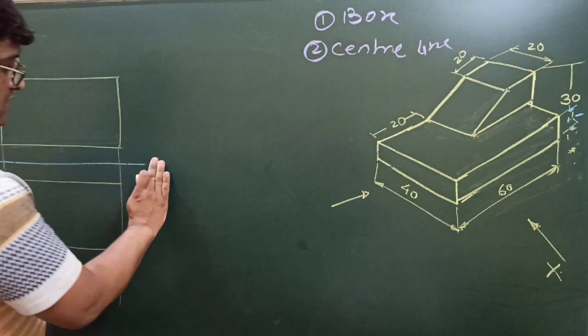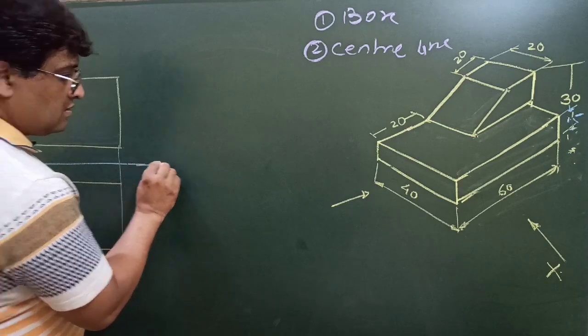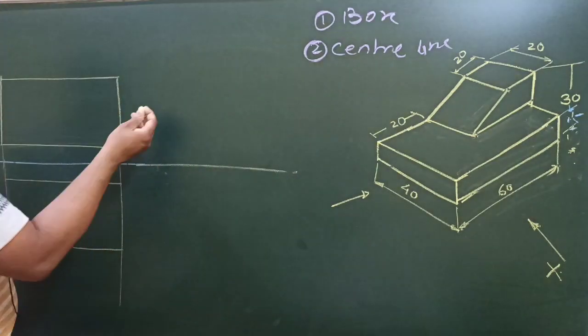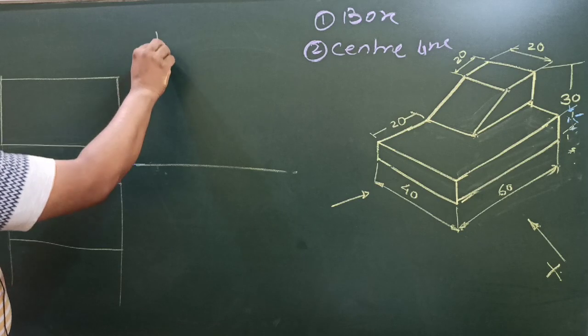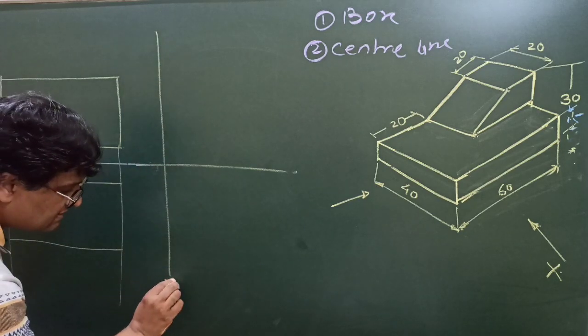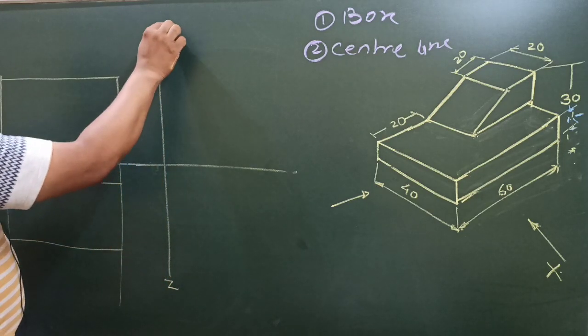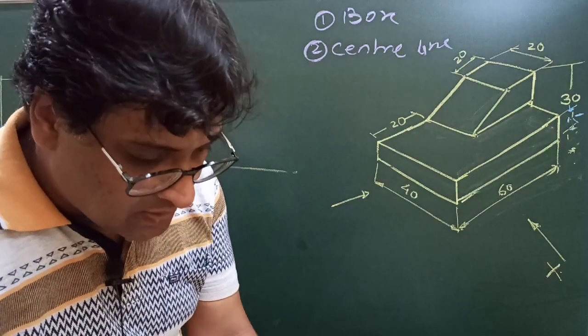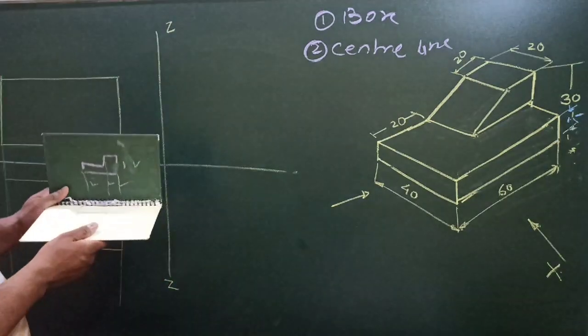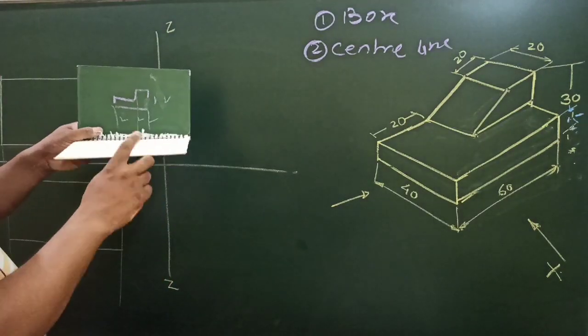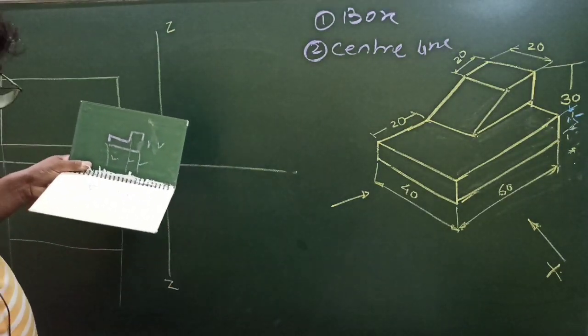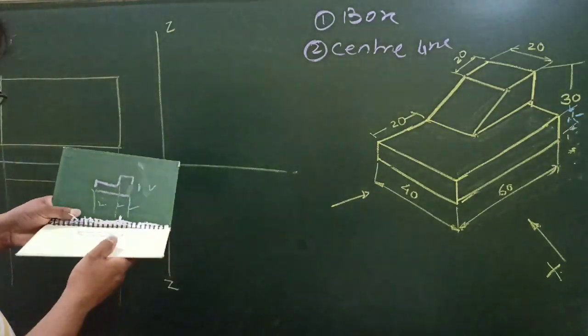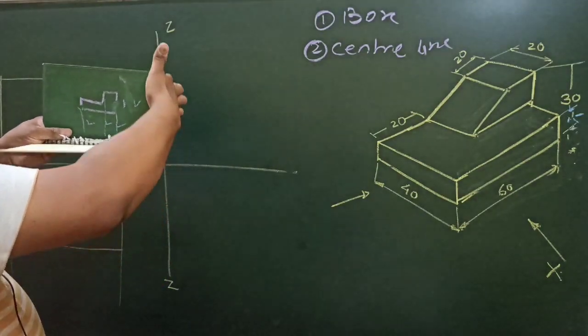As far as side view is concerned, what happens? You have to consider another vertical line, say ZZ, which is representing the line of intersection of the profile plane with the vertical plane and horizontal plane. So this is horizontal plane, this is vertical plane, and the profile plane is somewhere around here, right?